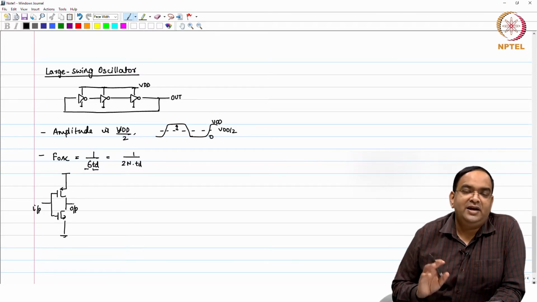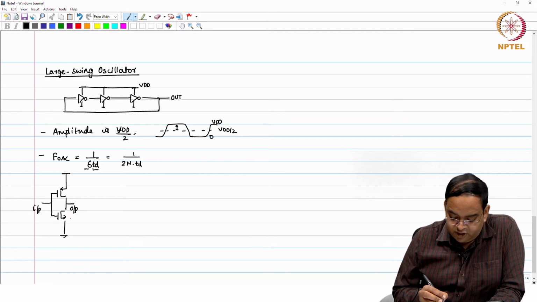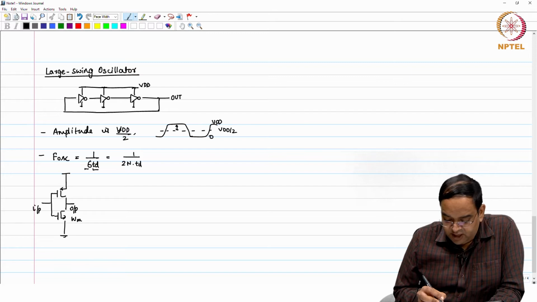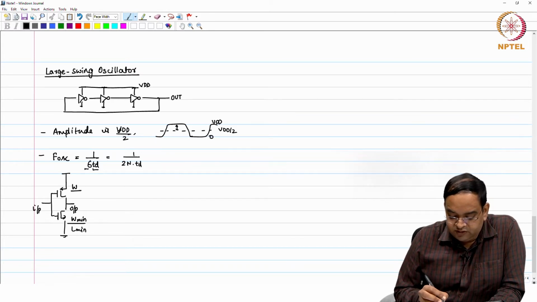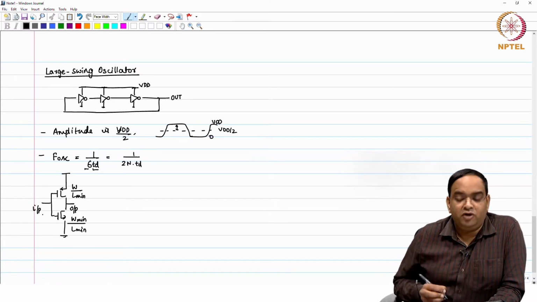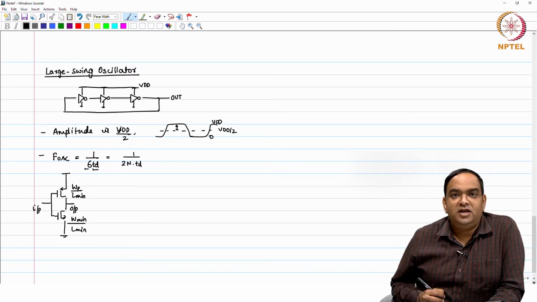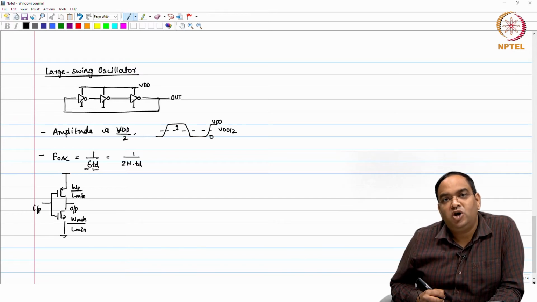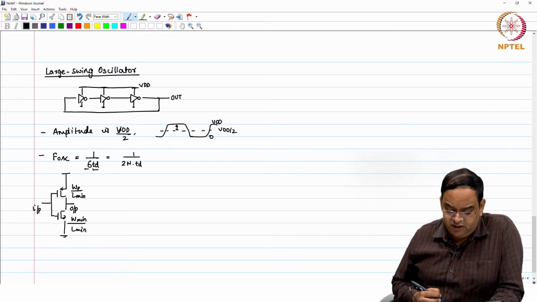So, you design an inverter in such a way that parasitic loading is minimum. I am going to choose minimum size W min and L min for NMOS, and WP and L min for PMOS. WP will be chosen in such a way that you have equal rise to fall and fall to rise delay.